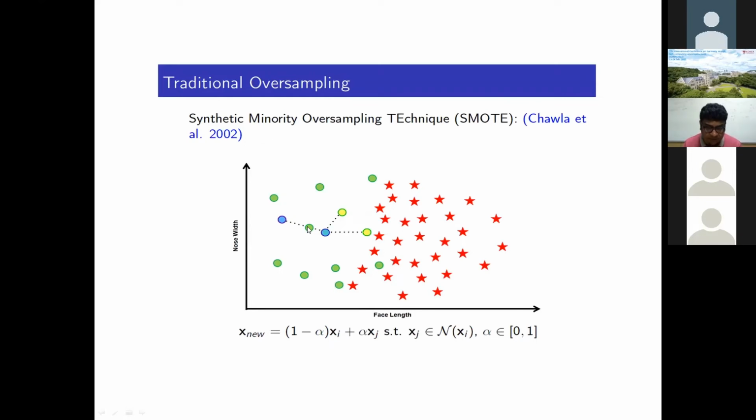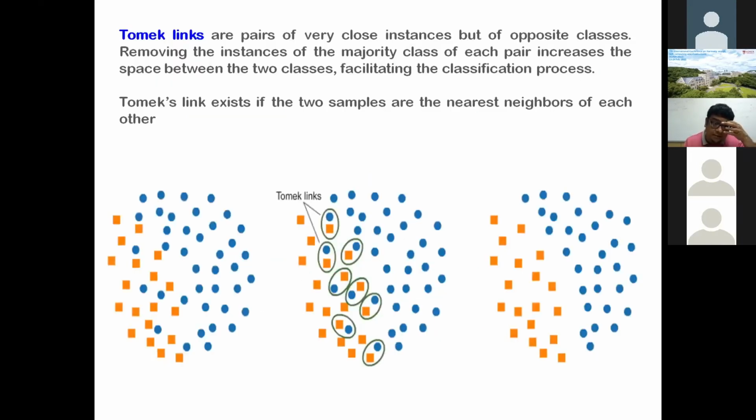But then there are a lot of problems. Usually the classifier starts failing for the regions where there is an overlap of points from the two classes. So there are a lot of advances or improvements over the SMOTE approach, one of which is SMOTE-Tomek links.